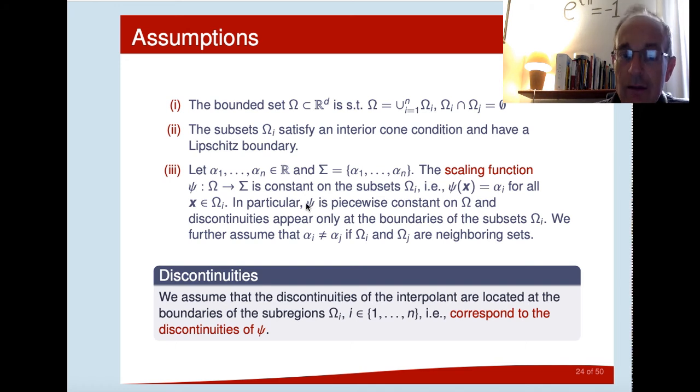So in particular, psi is piecewise constant on omega, and the discontinuity appears only at the boundary of the subsets omega j. Moreover, we assume that alpha i is different from alpha j if i is different from j, in particular if they are neighboring sets.